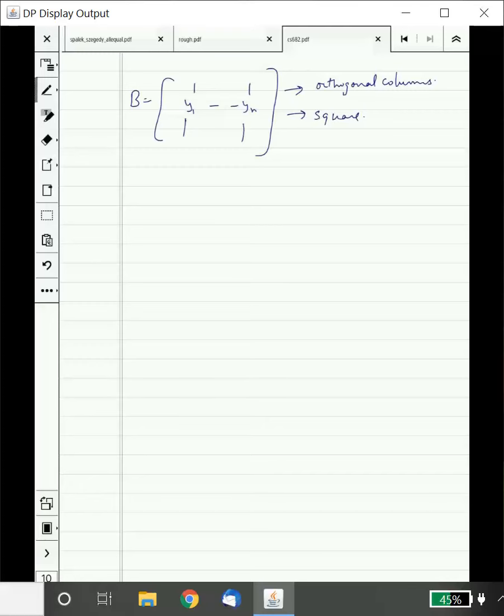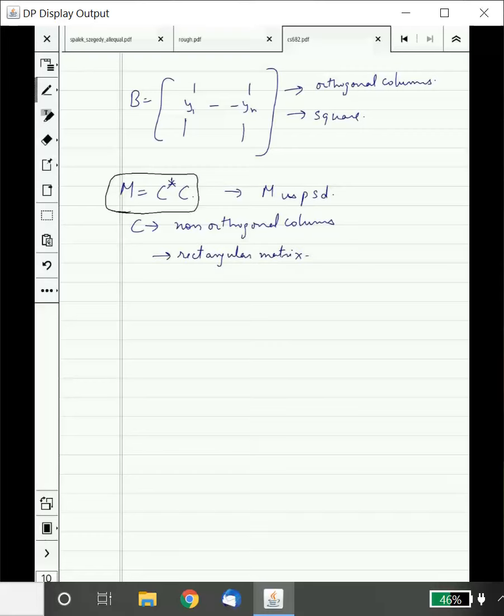As soon as you see that M is equal to some C star C, it means M is PSD. C could have non-orthogonal columns. It could even be a rectangular matrix. It doesn't matter. What we need is just this condition, and M turns out to be positive.